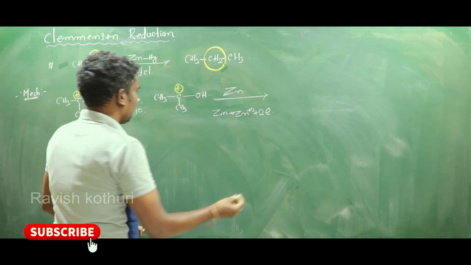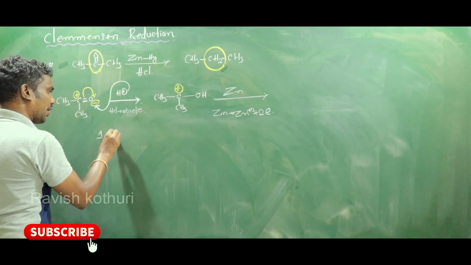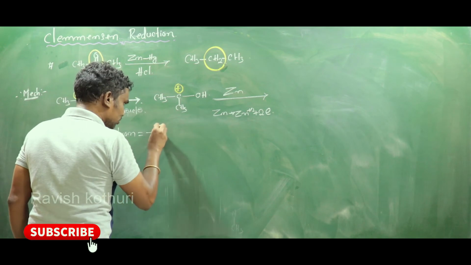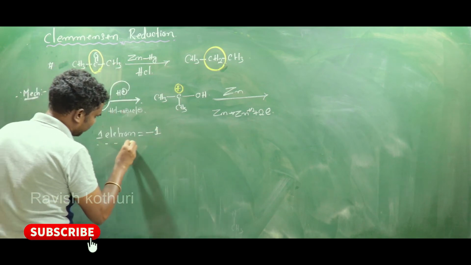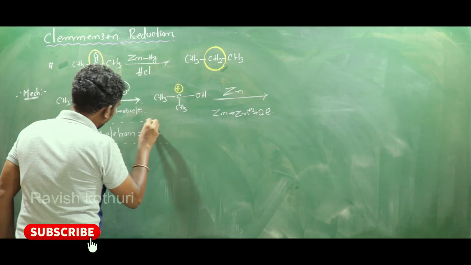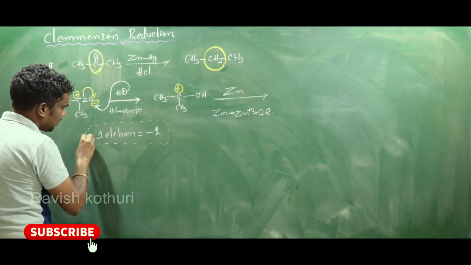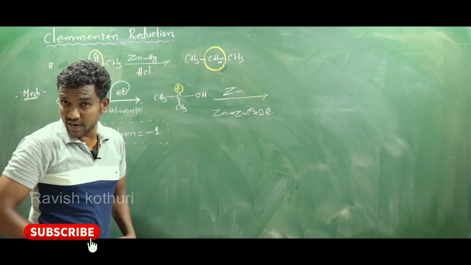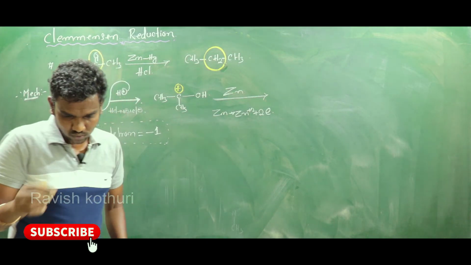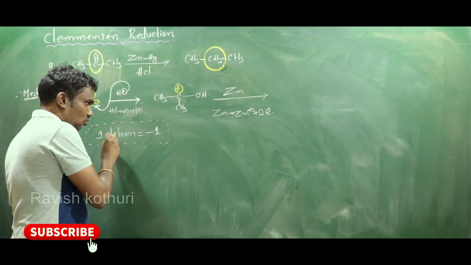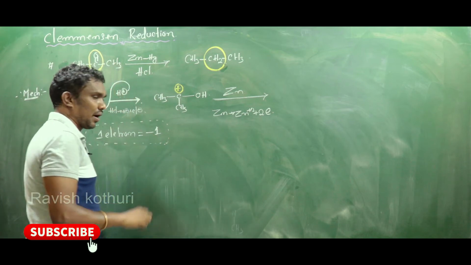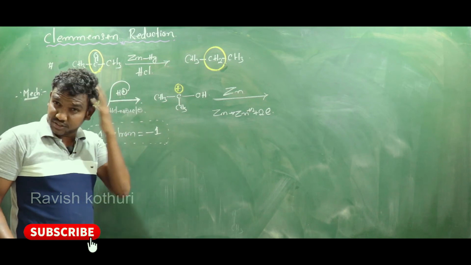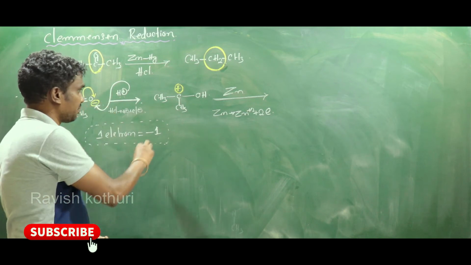Now observe carefully. One electron, the relative charge is -1, my dears. Observe carefully, this is very important. One electron equals -1. The relative charge of an electron is -1.